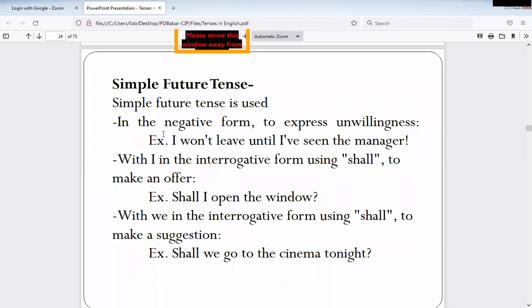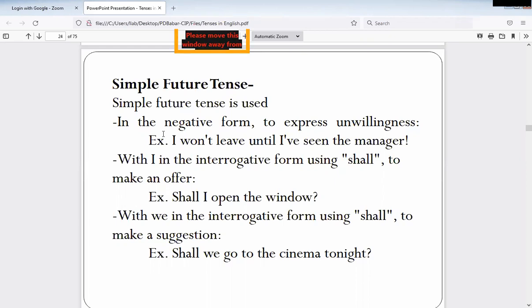Let's see. I won't leave until I have seen the manager. Here, for expressing the negative form of willingness, we have used the simple future tense. I will not, or I won't leave, until I have seen the manager.